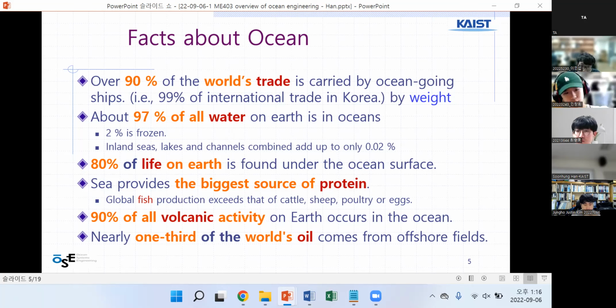Also volcanic activity, and oil. Oil is more coming from the sea rather than land, because the land side oil reservoir is empty now. We already used many of them. So the percentage will be increasing.